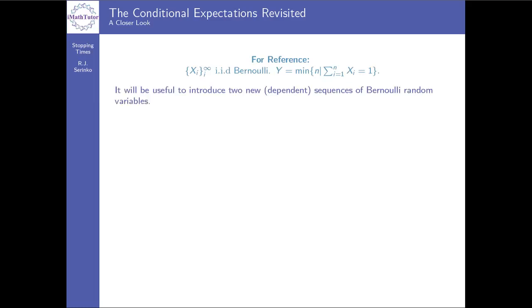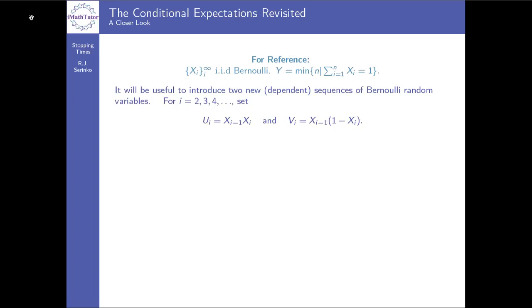It would be useful to introduce two new dependent sequences of Bernoulli random variables. So for i equals 2, 3, 4, and so on, we're going to set u sub i equal to x sub i minus 1 times x sub i, and v sub i to be x sub i minus 1 times 1 minus x sub i. So notice that if the ith and i minus first tosses are both heads, u sub i is equal to 1.